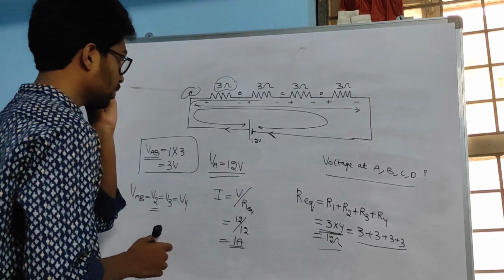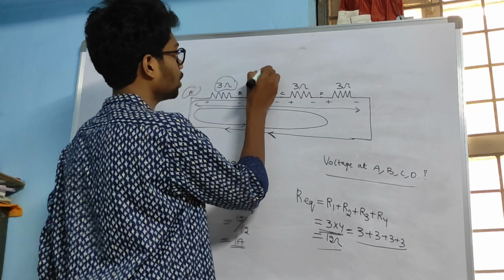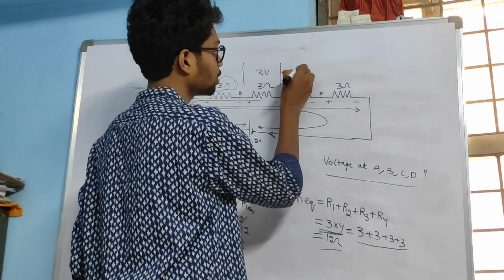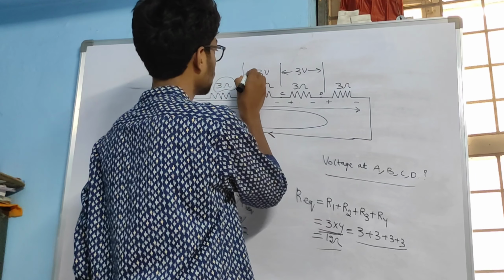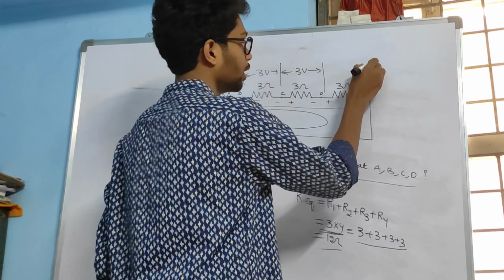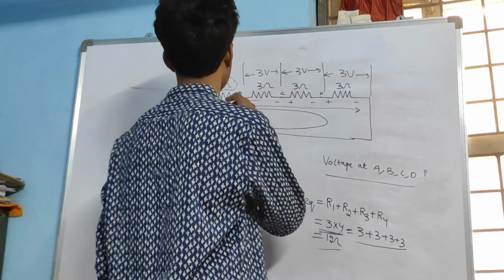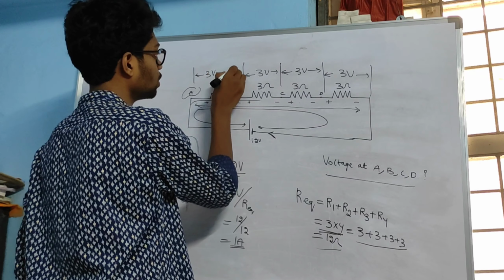So we have got the voltage drops. Here we have got 3 volts drop, and here we have got 3 volts drop, and here we have got 3 volts drop. Here also we have got 3 volts drop.